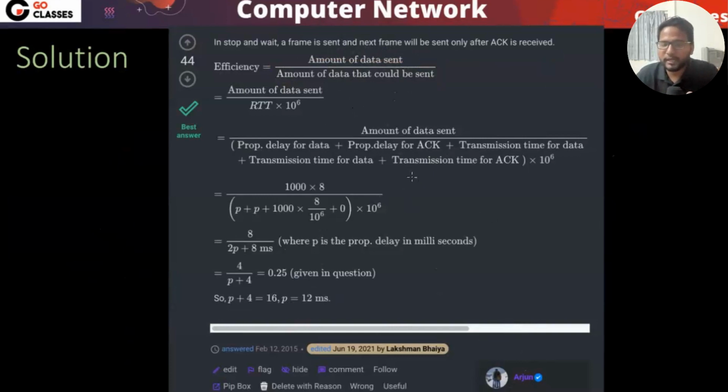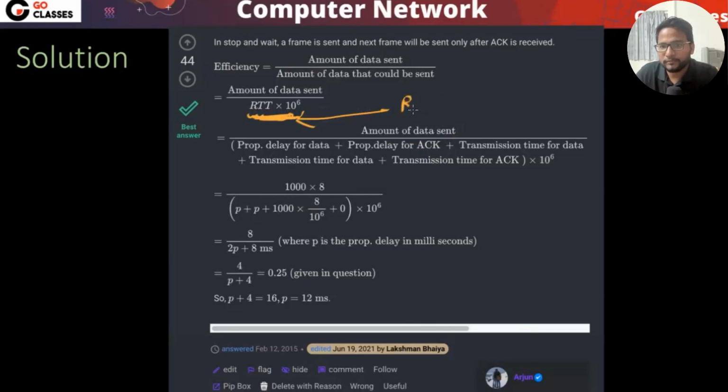Arjun sir here is interpreting in terms of data, and you can also interpret in terms of time. The amount of data we are actually sending is just L bytes, where L is the length of the frame. And the amount of data that we could have sent is nothing but RTT into bandwidth. Is this okay to everyone?